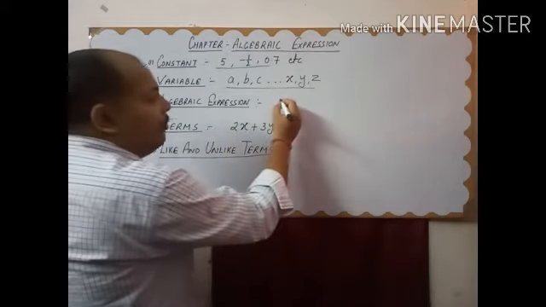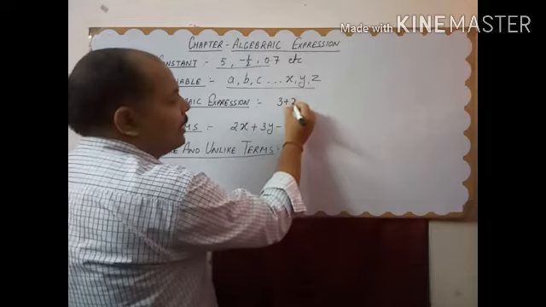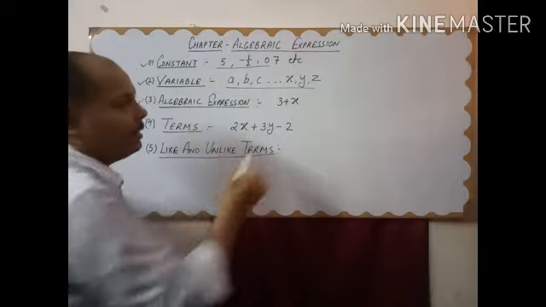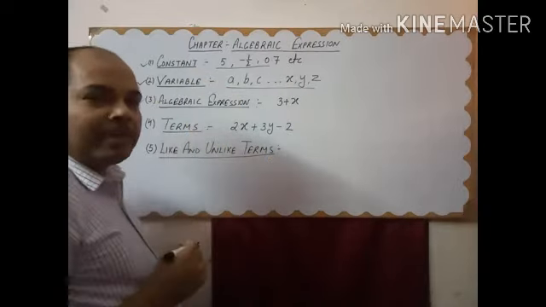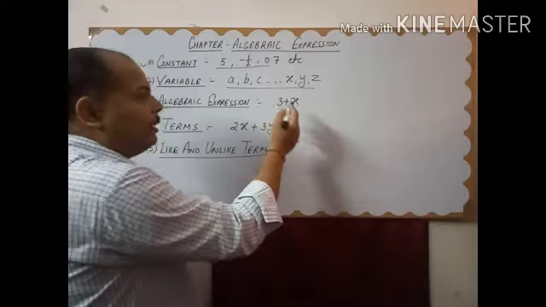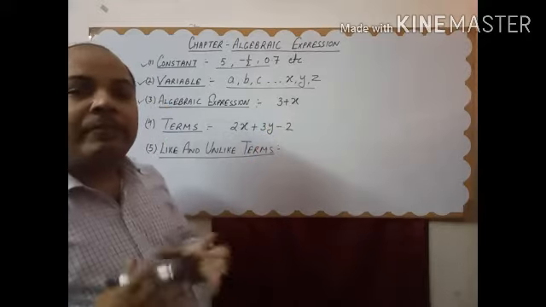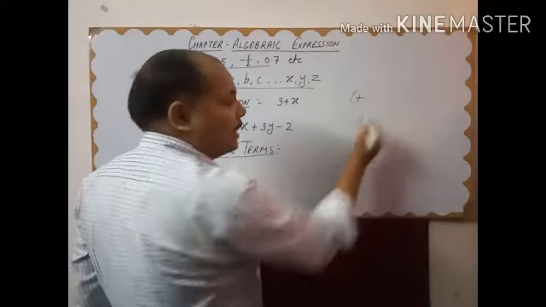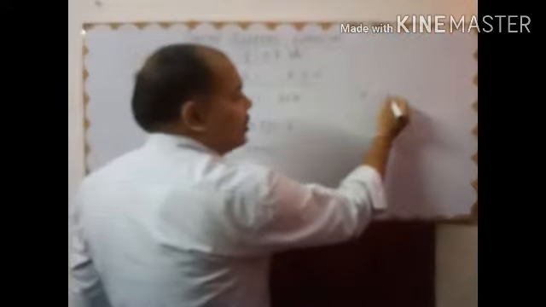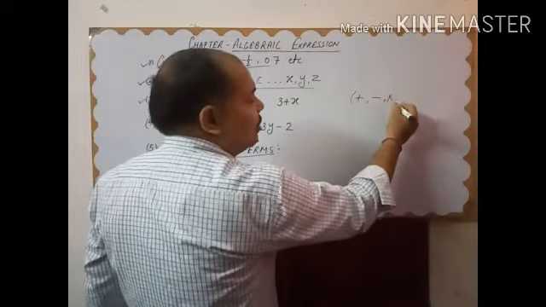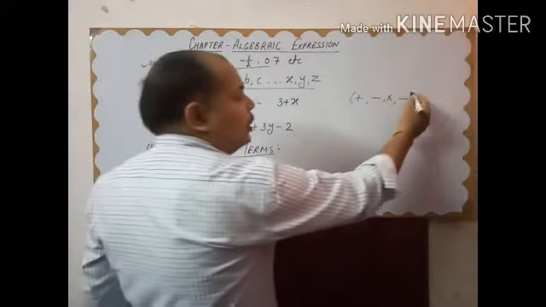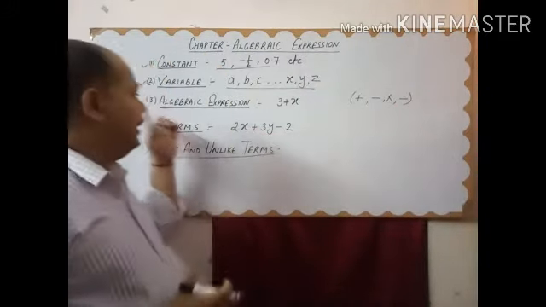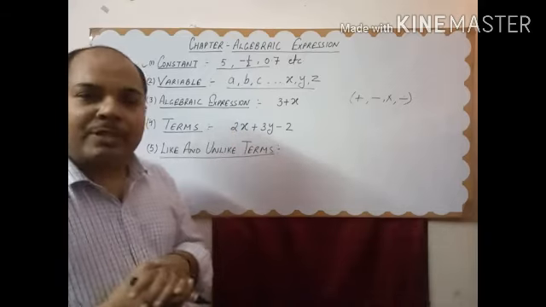See here, if we write 3 plus x, 3 is a constant and x is a variable. So when we write these two together with the 4 fundamental operations, that is addition, subtraction, multiplication or division, using these 4 signs, when we combine constants and variables, it forms an algebraic expression.